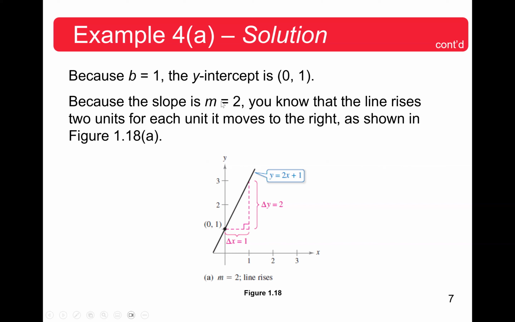Since the slope is 2, if we move one step on the x-axis to the right, y moves up twice. That's why when x is 1, y is 3. All we need to plot a straight line is 2 points, so we can just plot the straight line across them.